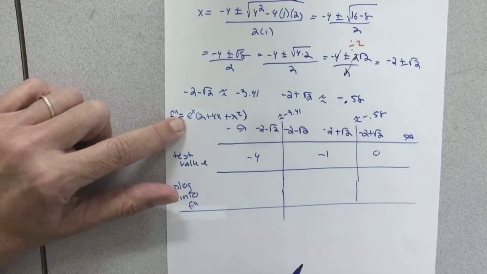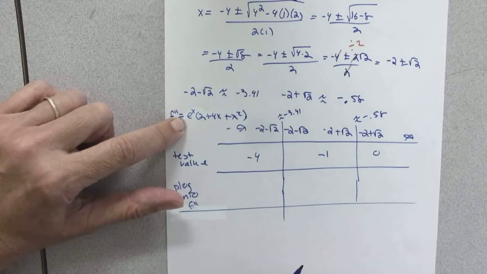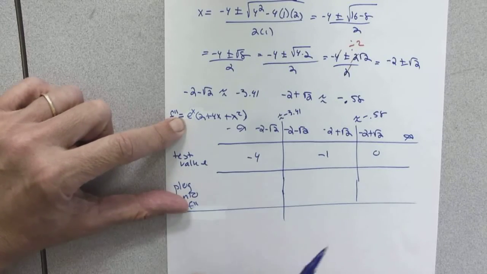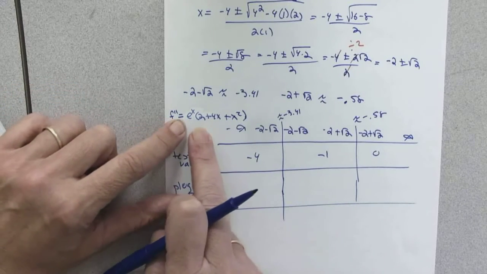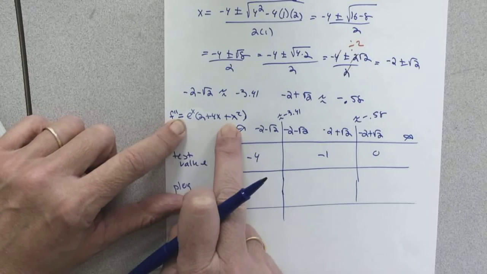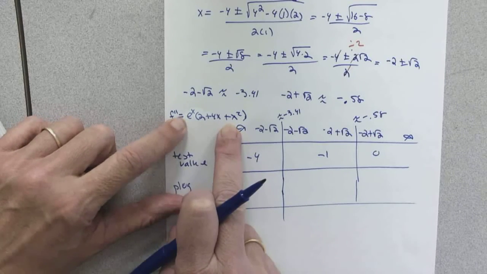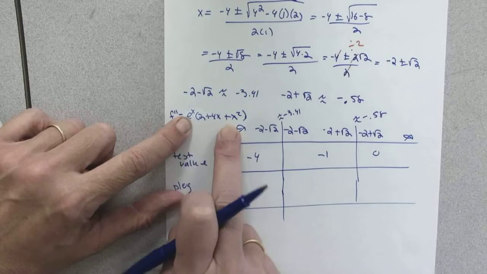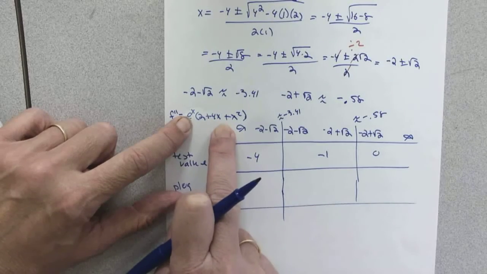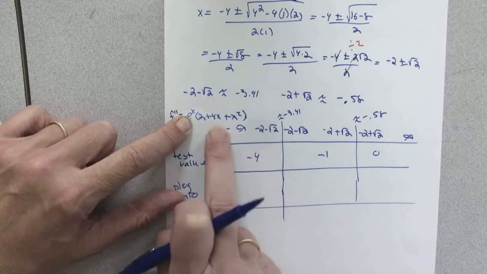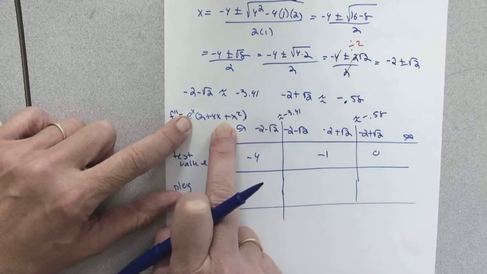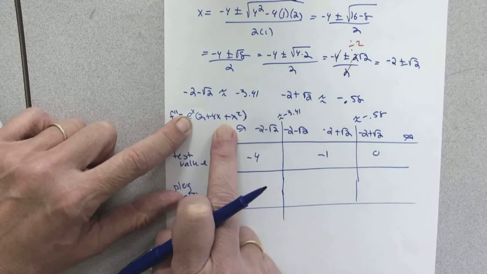E to the x is always positive. E to any exponent is always positive. So the sign of this entire expression is really coming from the 2 plus 4x plus x squared. Since e to the x is always positive, this is really what's determining the sign. So I can just plug -4 into that parabola and see what's going on.